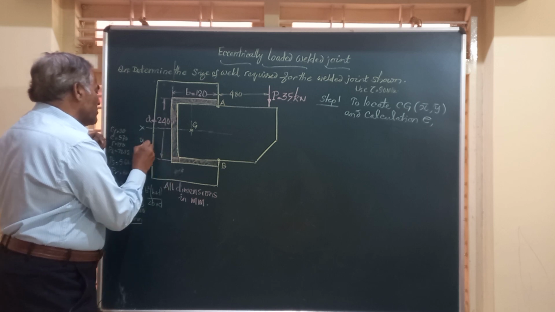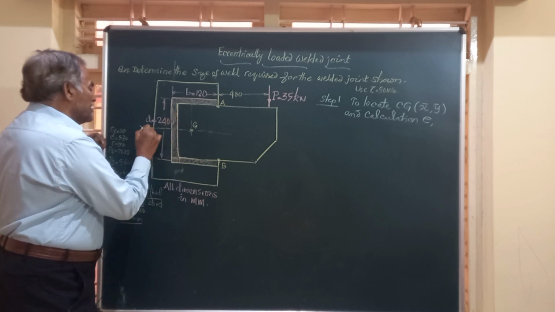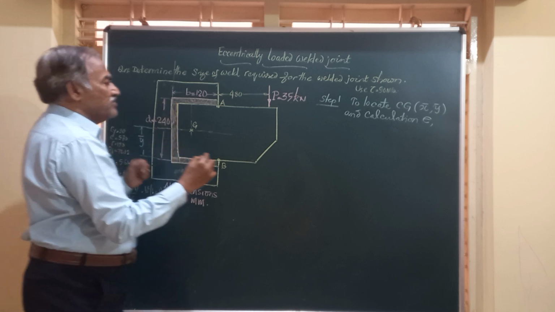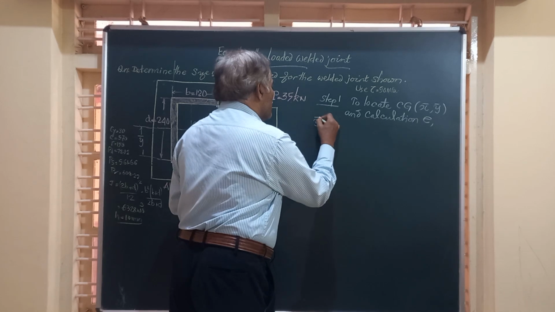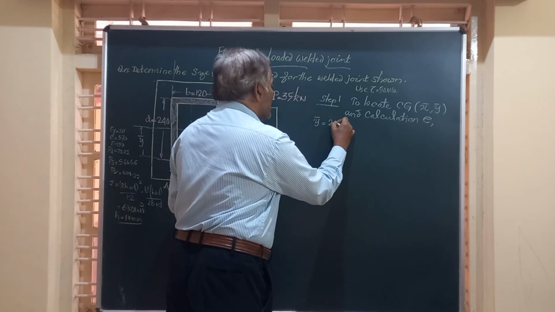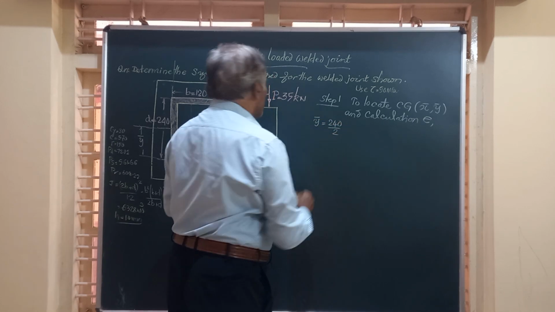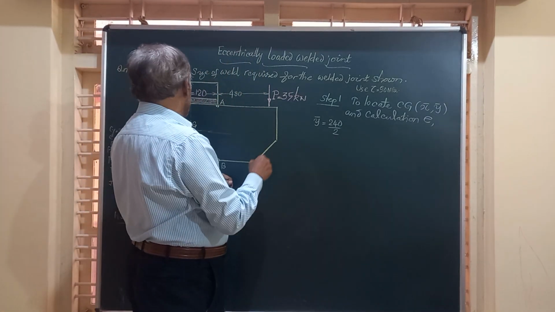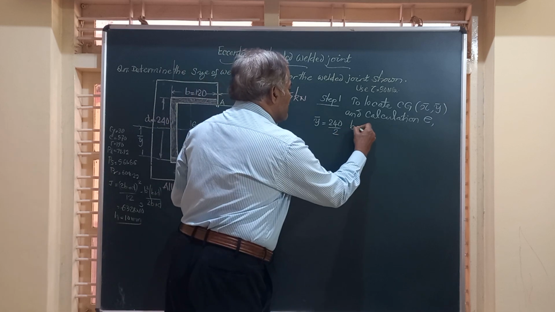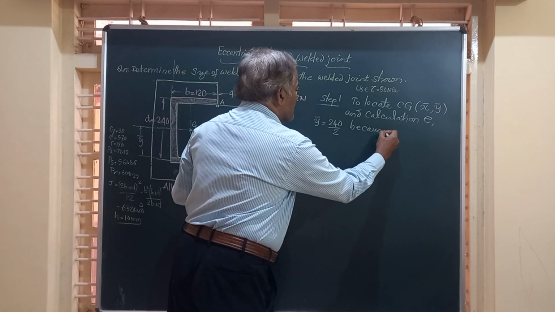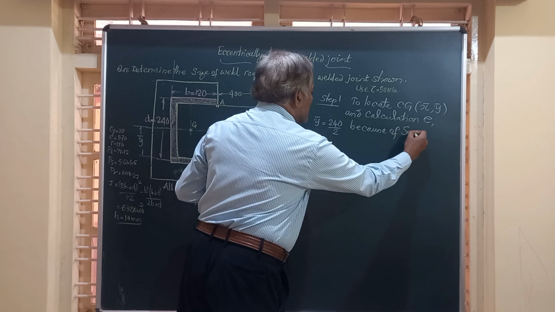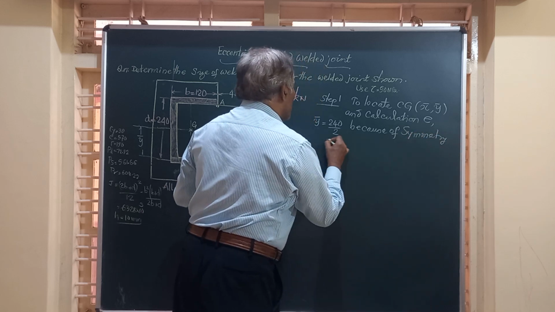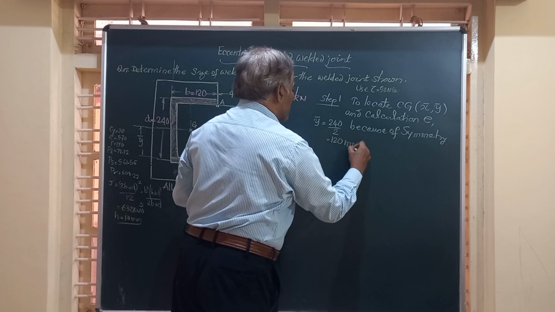Y bar is equal to half the depth, that is y bar is equal to 240 by 2, that is depth by 2, because of symmetry in welding. So that is 120 millimeter.